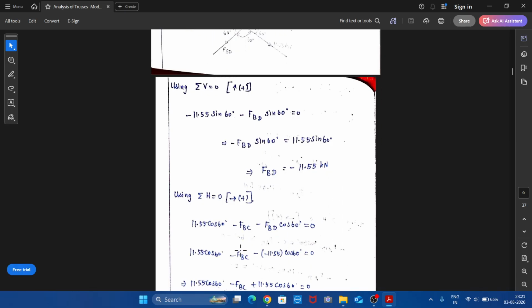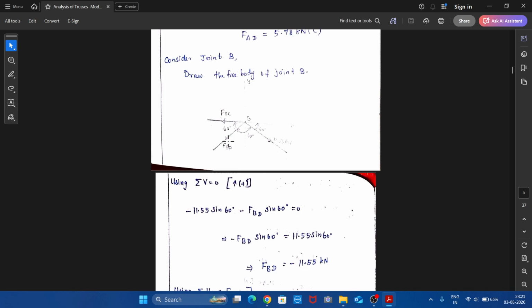Then using sigma H equal to 0. Going back to this, we have a purely horizontal force F_BC here, acting towards left, which we have assumed as tensile. So minus F_BC. And here F_BD can be resolved horizontally: F_BD cos 60 will be there, and this arrow will move towards left. Therefore, this is also minus F_BD cos 60. And we have 11.55 acting towards this direction.